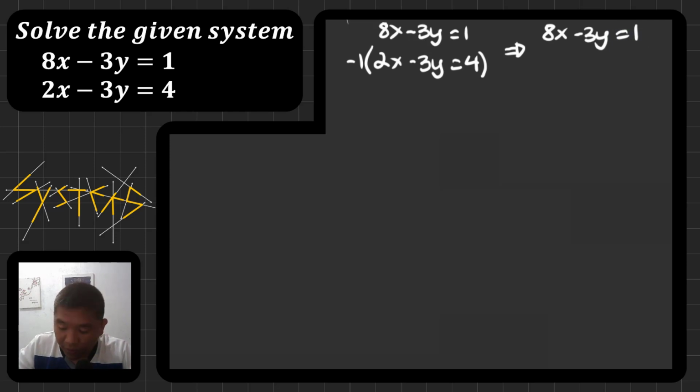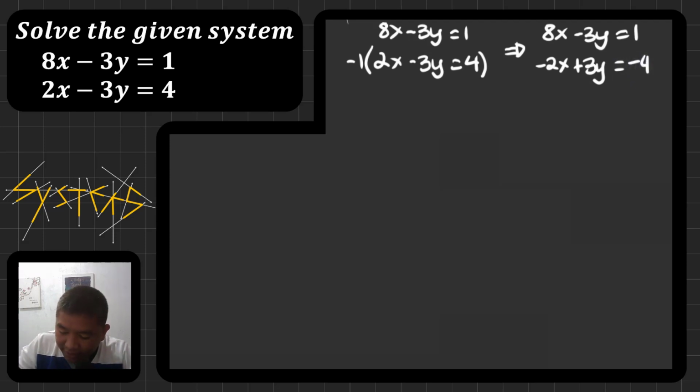But for the second equation, take note that if you're multiplying by a constant, all the terms inside the equation will be multiplied by the constant. So the 2x becomes minus 2x. As mentioned, the minus 3y becomes plus 3y, and the 4 becomes minus 4.